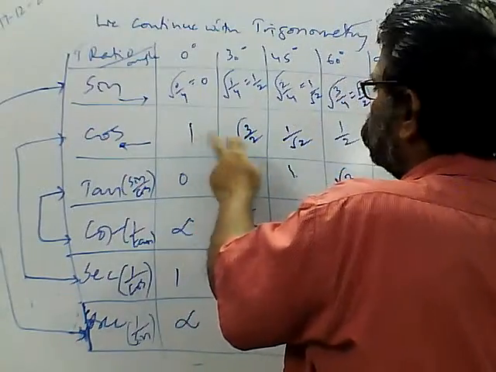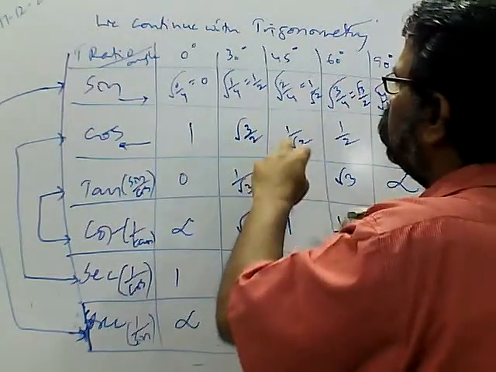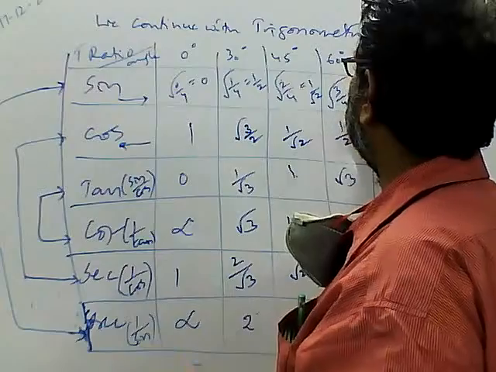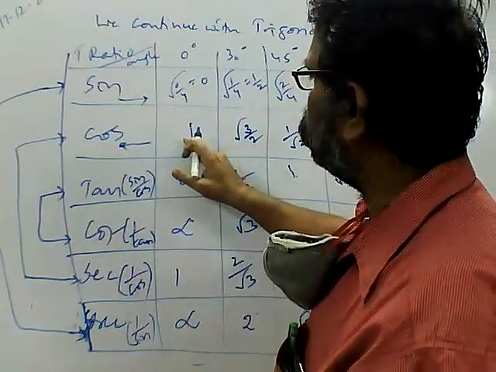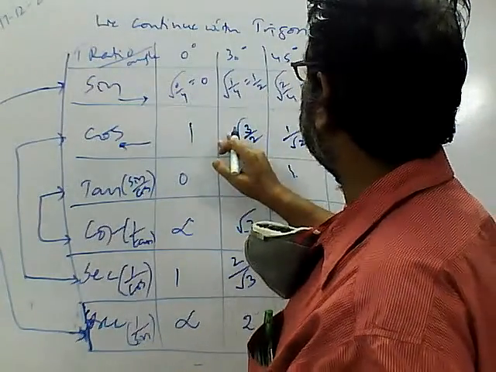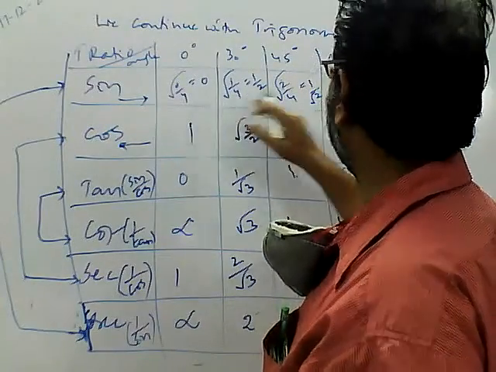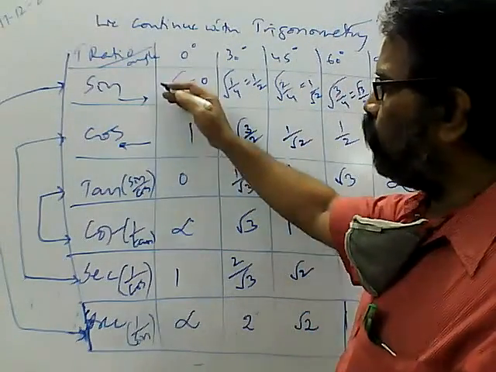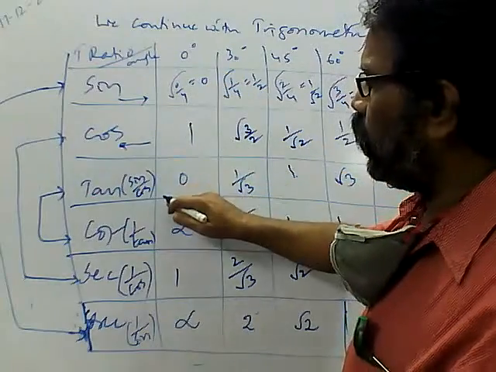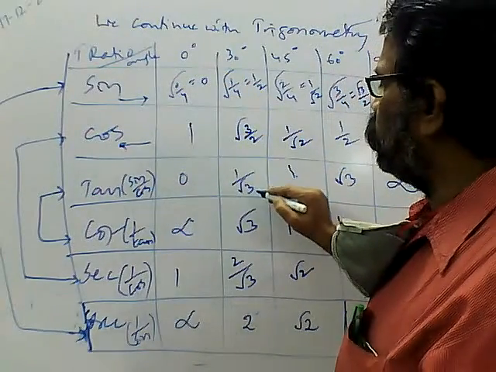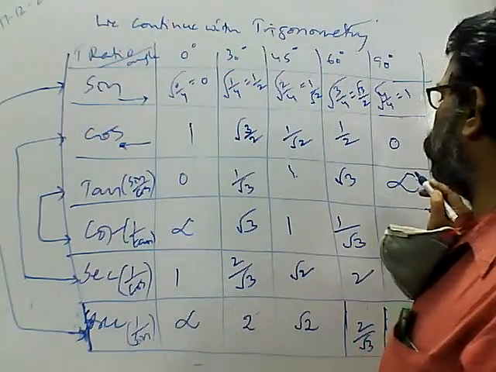It will become 1, root 3 by 2, 1 by root 2, 1 by 2, and 0, because 90 becomes 0, 60 becomes 30, 45 stays 45, 30 becomes 60, and 0 becomes 90. Again, sine by cos, these two divide, we get tan: 0, 1 by root 3, 1, root 3, and then undefined.